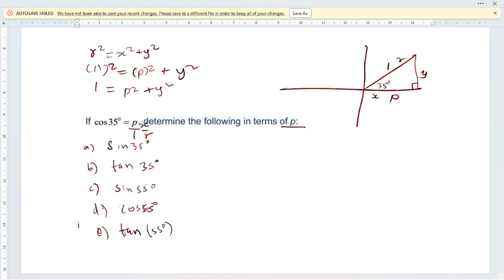Probably 1 minus p squared equals y squared. From there I must square root both sides with plus or minus: y equals plus or minus the square root of 1 minus p squared.